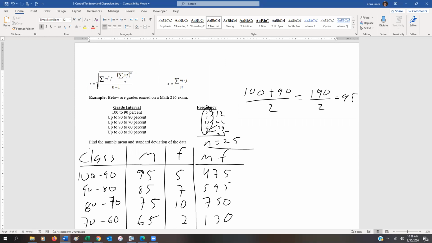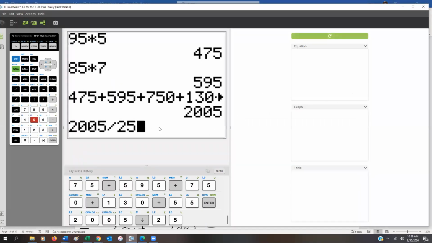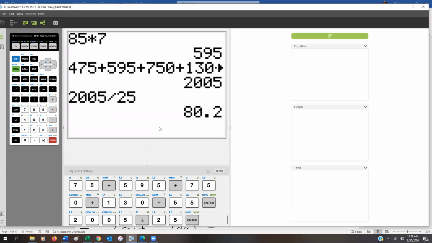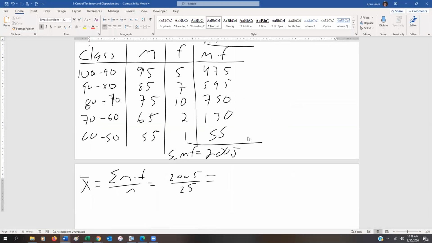There are a couple of observations in 70 to 60 and 60 to 50, but most are between 100 and 70. If that doesn't make sense, make sure you email me. We get 80.2. Clearly, that's a number between 100 and 70, so in our estimation, the sample mean of 80.2 makes sense, or hopefully it makes sense.